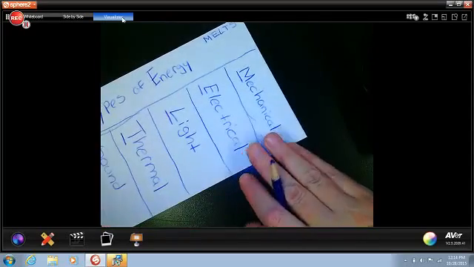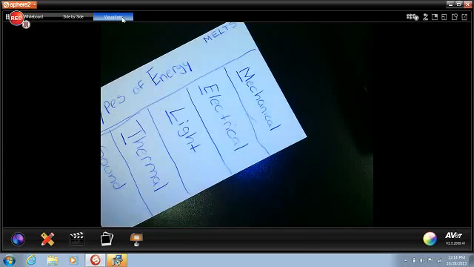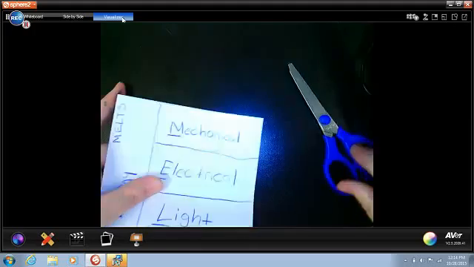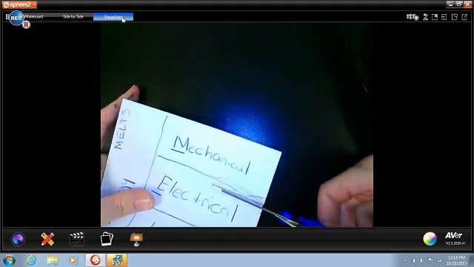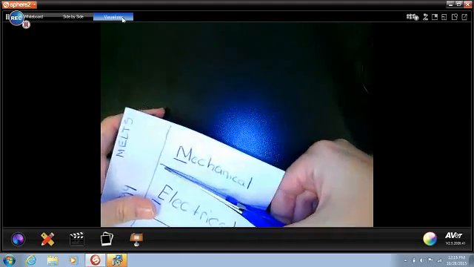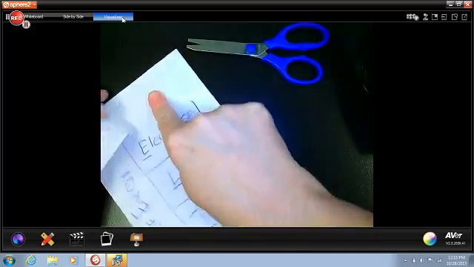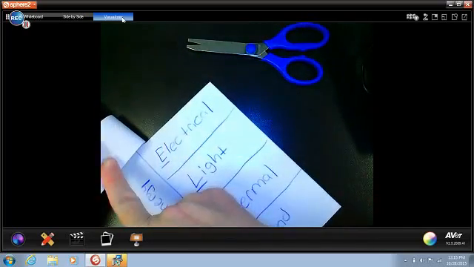We have our words. What we need to do is take our scissors and cut not only on this part right here, but we need to cut up all the way to this line. So let me show you how we do that. Then I stop right there, at that line. So now I should have a flap here, and then a flap right here.